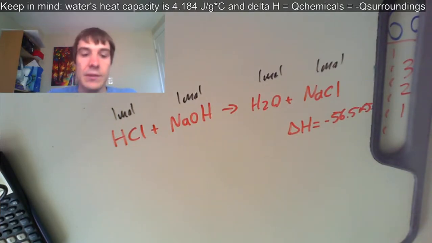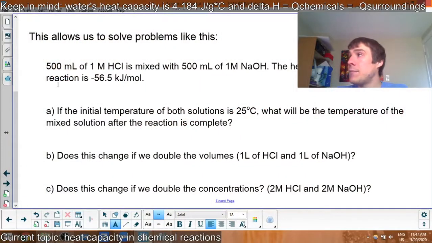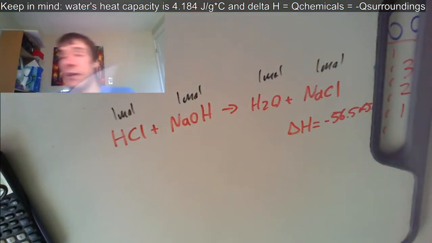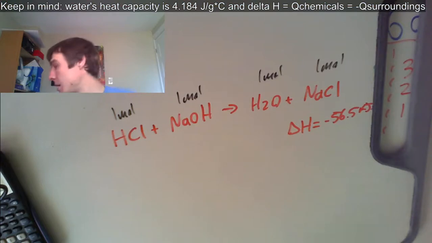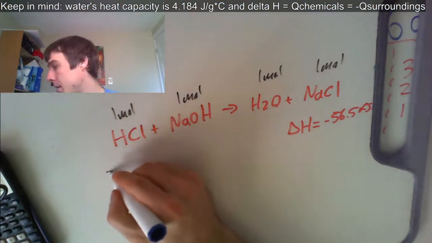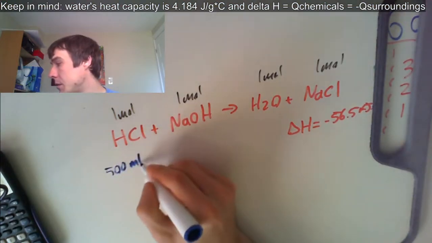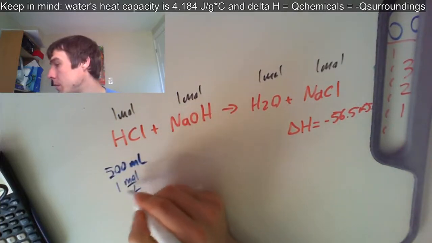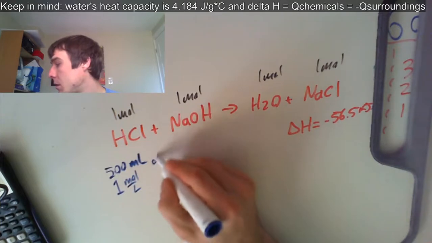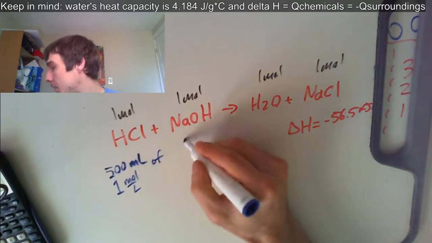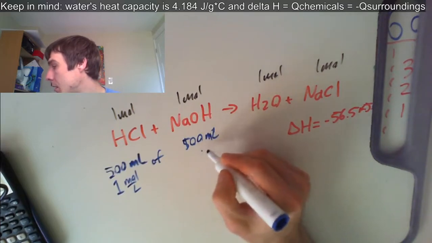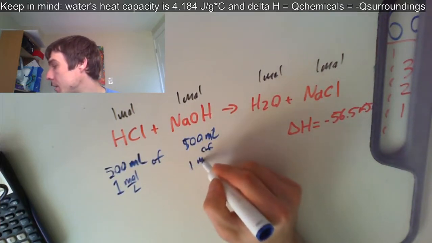Let's look at our question. We have 500 mils of 1 molar HCl and 500 mils of 1 molar NaOH. So going back to our grade 11 chemistry with our units, we have 500 milliliters, and it's 1 mole per liter. And here we have 500 milliliters of 1 mole per liter as well.